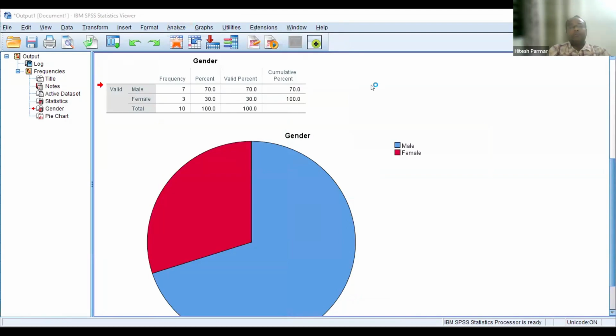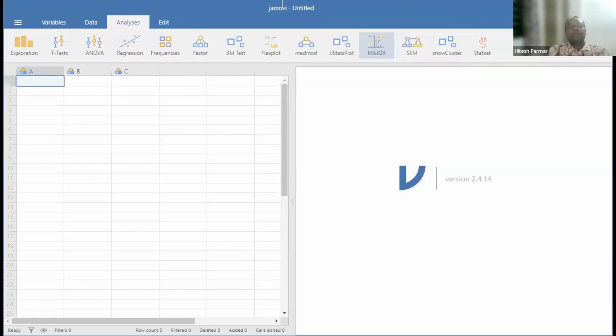There is a software called Jamovi, which is also free software. You can just search the internet for Jamovi, and it is free software.